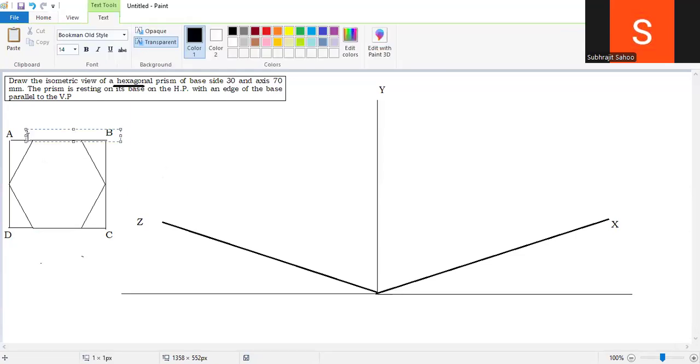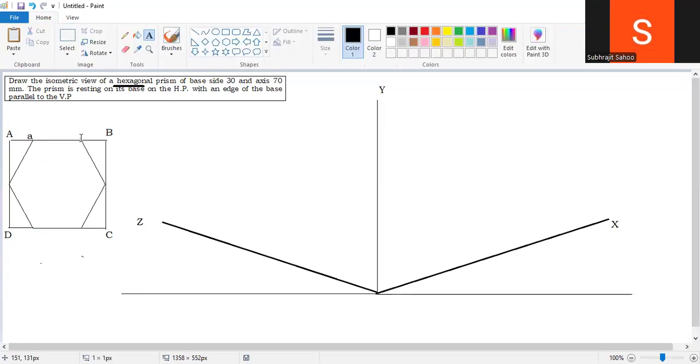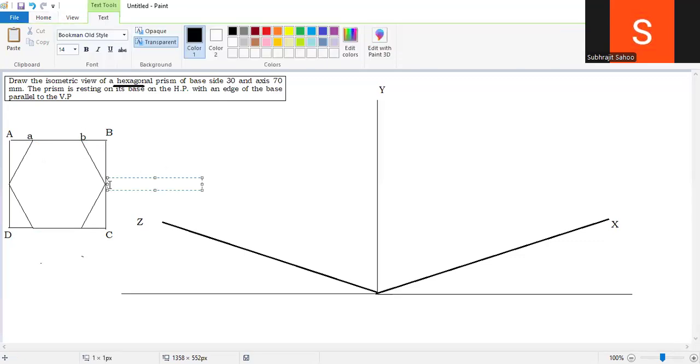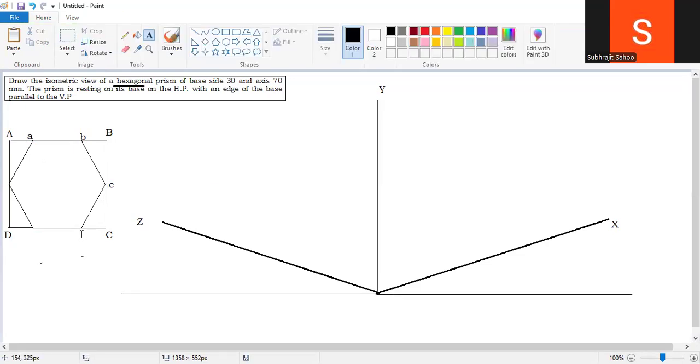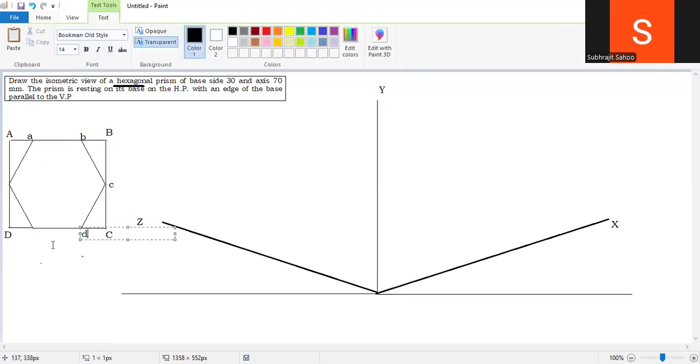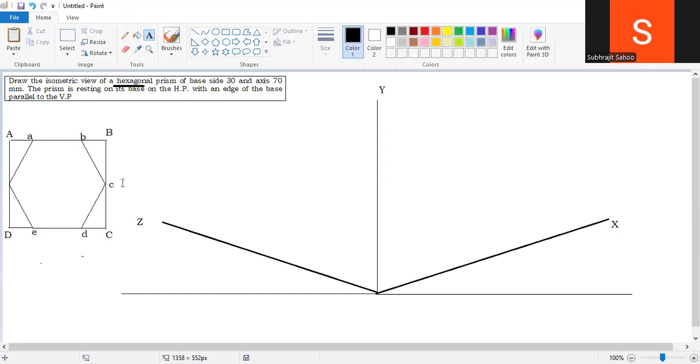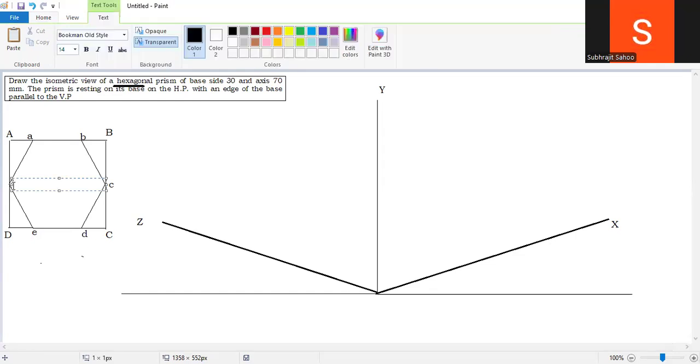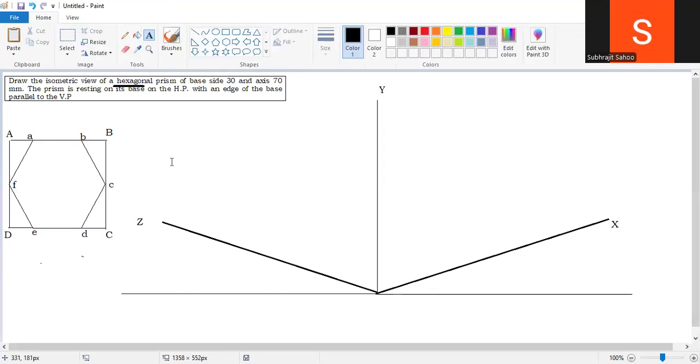Let this point be small a. This point is small b. This point is small c, small d, e, and this one is f. F, right? So like this naming you have to give.